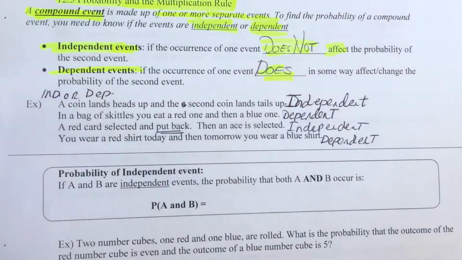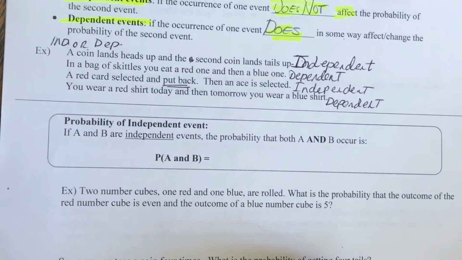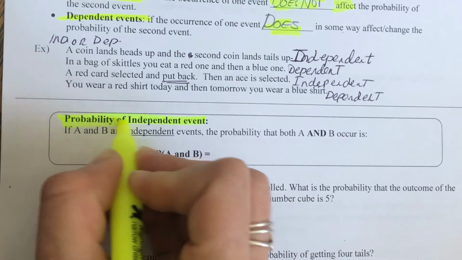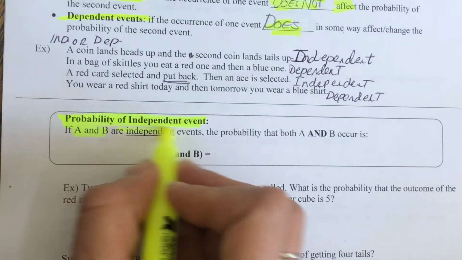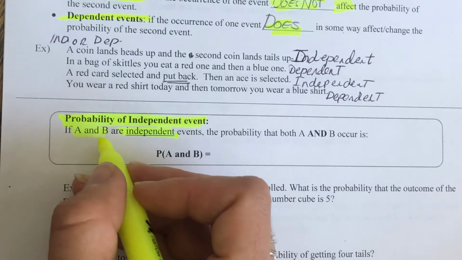Now, the next thing I want to mention is the independent events. Now that you have an idea of which is which, to find the probability, it does vary. If A and B are independent, nothing affects one another.